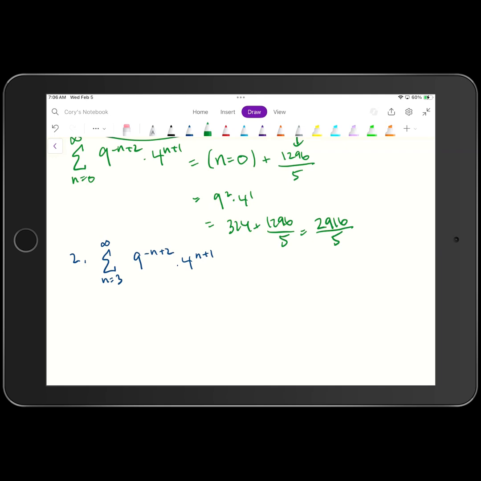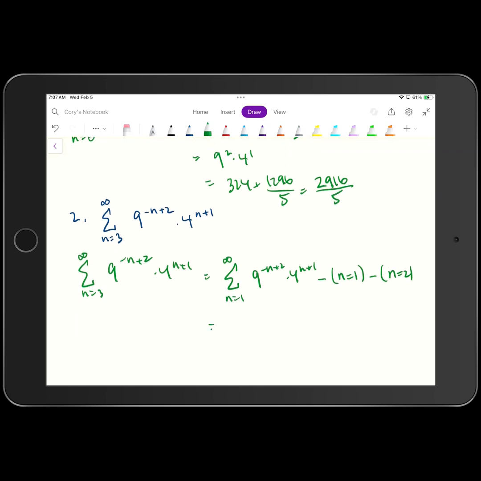The sum from 3 to infinity of that formula would be the sum from 1 to infinity of that formula, and from that we're going to take away the n equals 1 term, and we're also going to take away the n equals 2 term. We know that the sum from 1 to infinity, which we did in the previous example, is 1296 over 5.